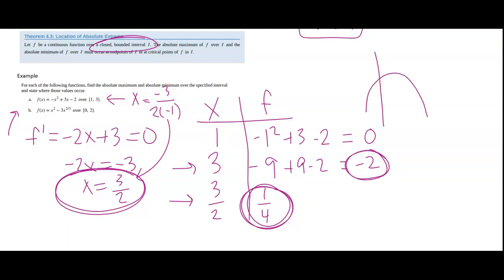So it should make sense on this interval that at 3 halves, that's where I'm going to end up having my absolute maximum. And then 1, 0 is nothing. And then 3, negative 2 is my absolute minimum, like so. So this is my absolute max. This is my absolute min.